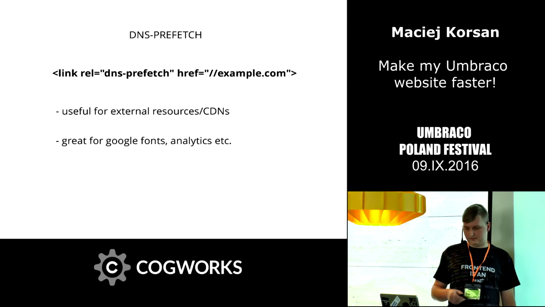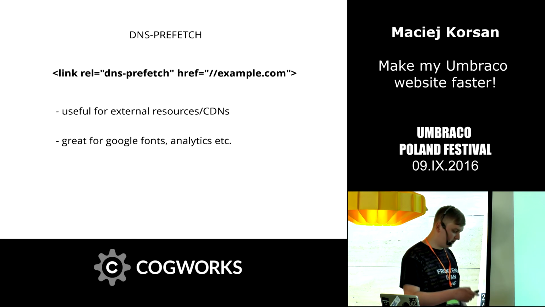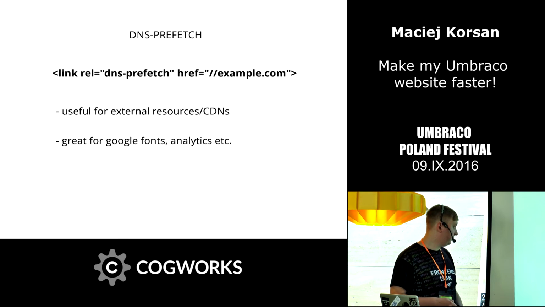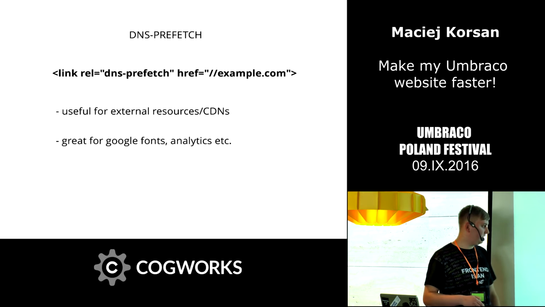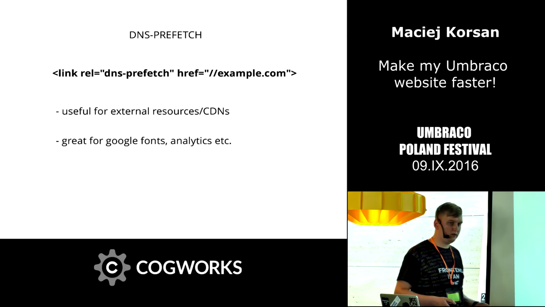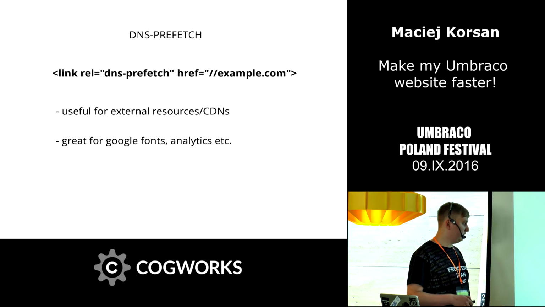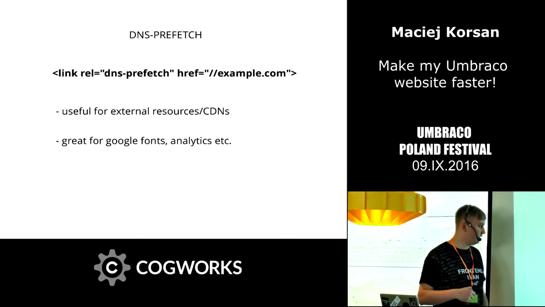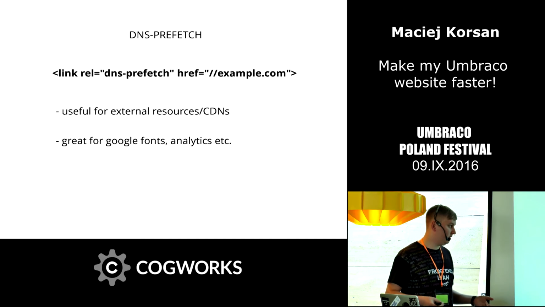What it does is the first phase of this connection, the DNS lookup, before the resource is requested. So if you are using some Google Fonts or some CDN for getting our content, it goes in the head section, and it does it instantly.